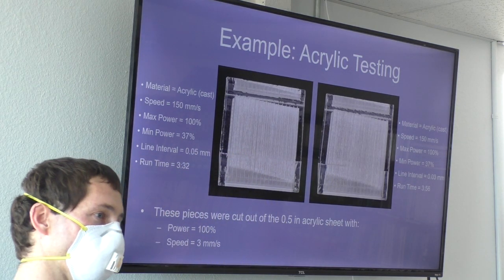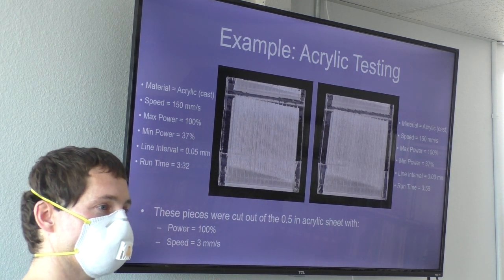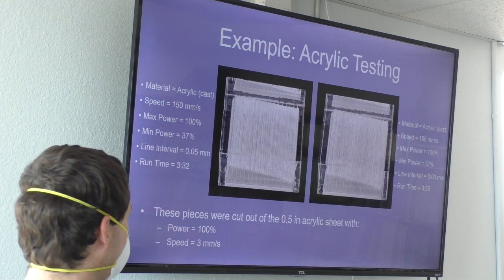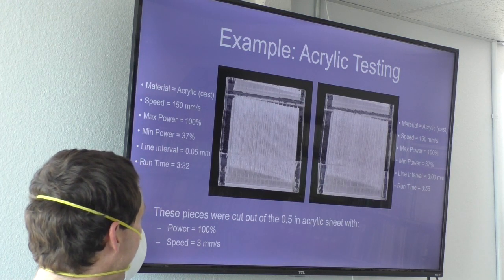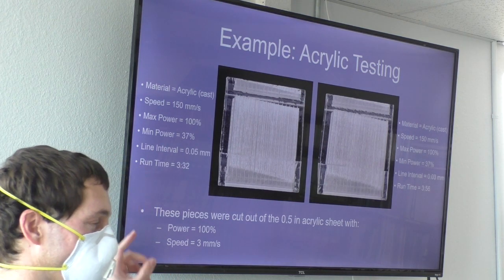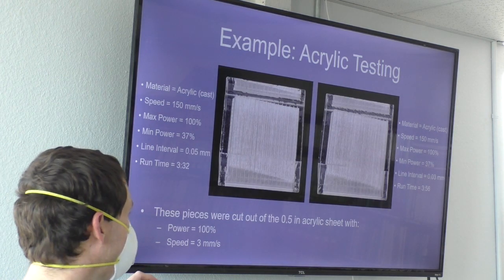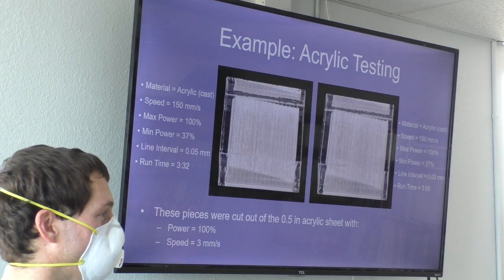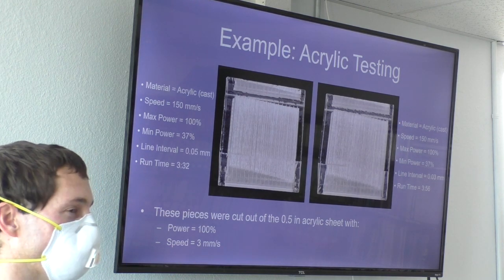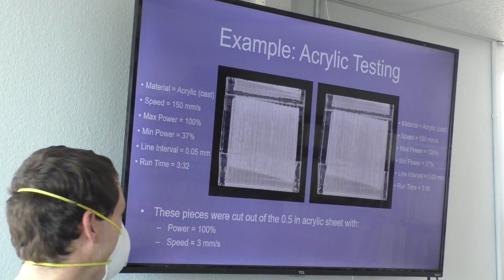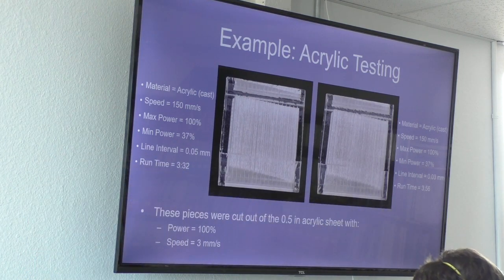That's the impact of changing the line interval: it makes it deeper. It's a half-inch piece of cast acrylic. I also cut these out with the laser at 100% power at 3 millimeters a second. They were great, with beautiful edges.